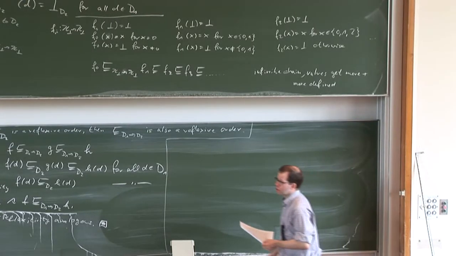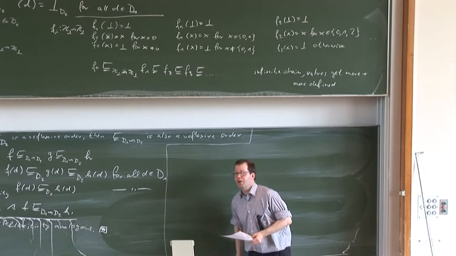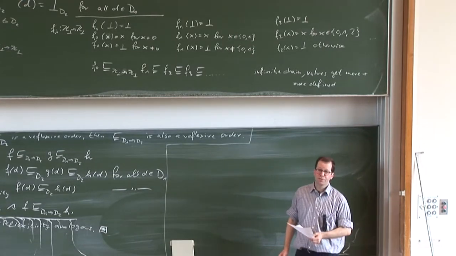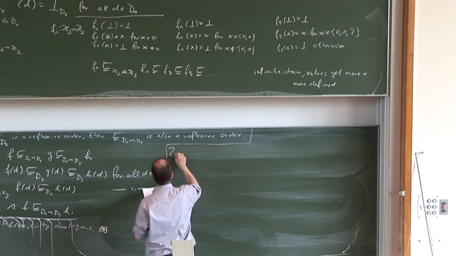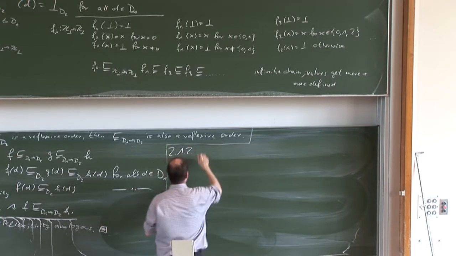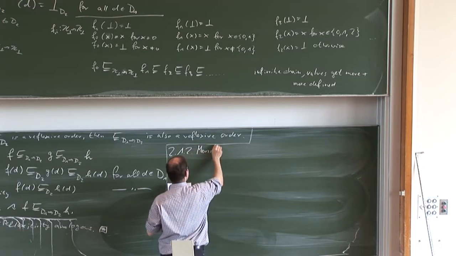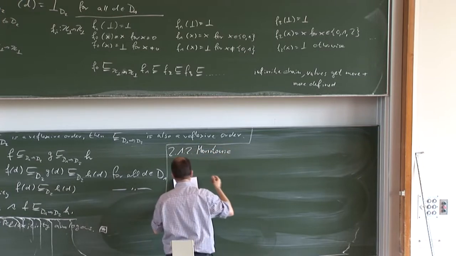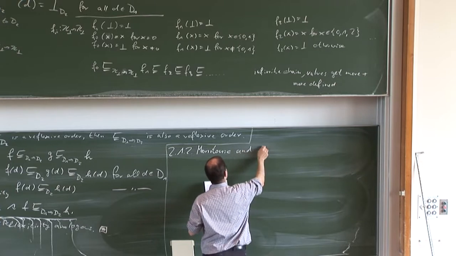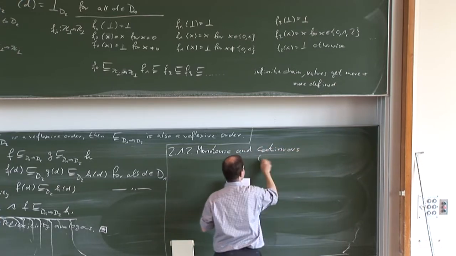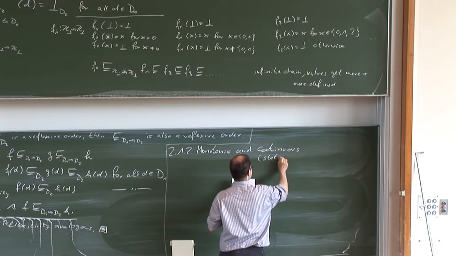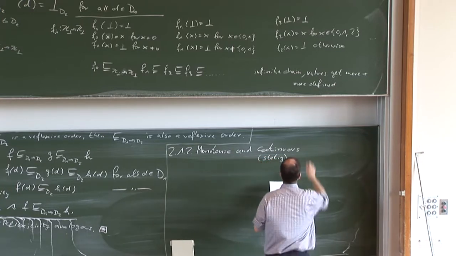And the next subsection is devoted to defining which functions we really use when we define the semantics. And those functions that we really use for the semantics are monotonic and continuous. Continuous, in German this means stetig. Monotonic and continuous functions.